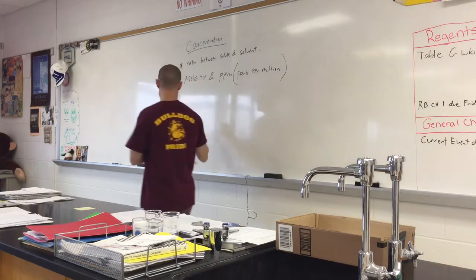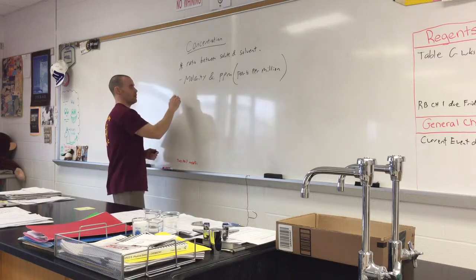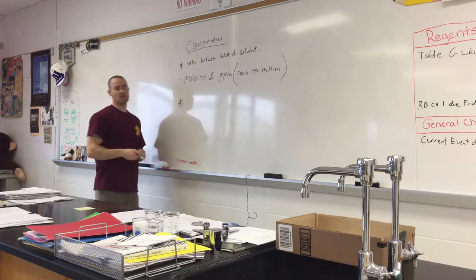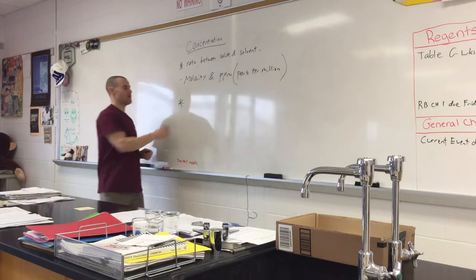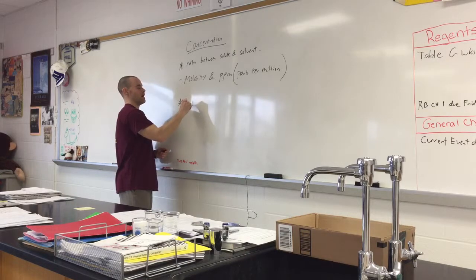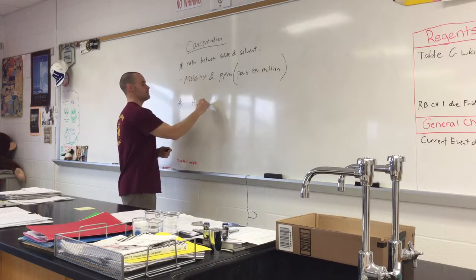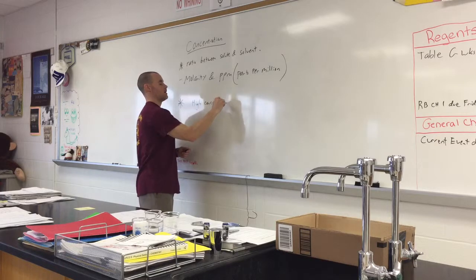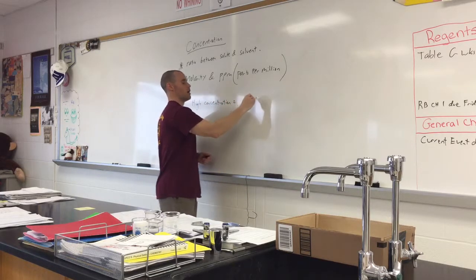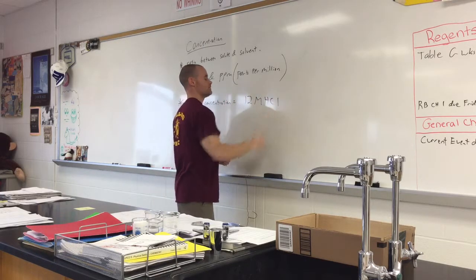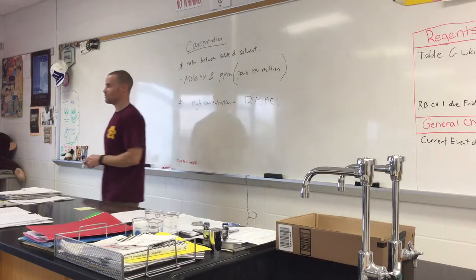So let's start with molarity. Put a little star here. Let me make sure you understand what the numbers mean. If we have a highly concentrated solution, a high concentration, that would equal something like 12 M HCl. Capital M means molarity.